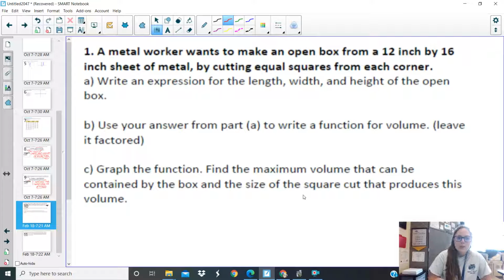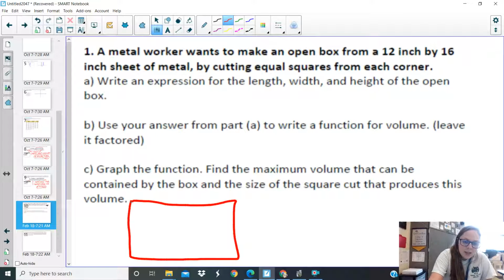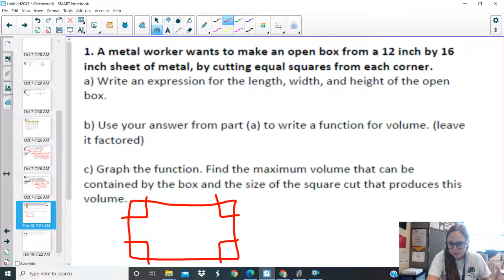So what I'm going to do first is draw out this scenario. So we had a rectangle, and then you're cutting corners from each side. But we don't know how much we're cutting from each side.